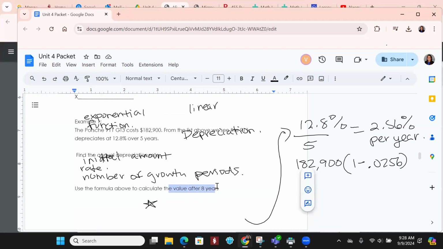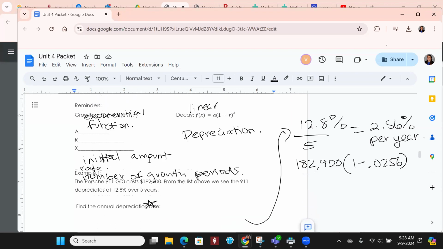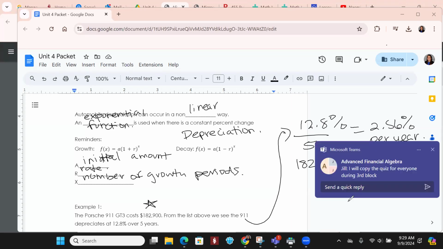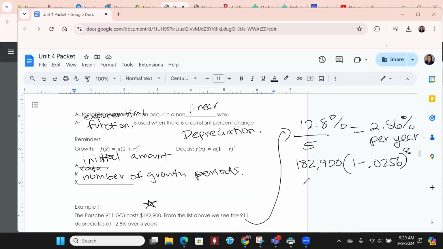How much do they want us to find it after? 8 years. Okay. So we're going to plug in 8 for our t. And tell me what you get. You plug this into your calculator, you're going to get 148,631.86.